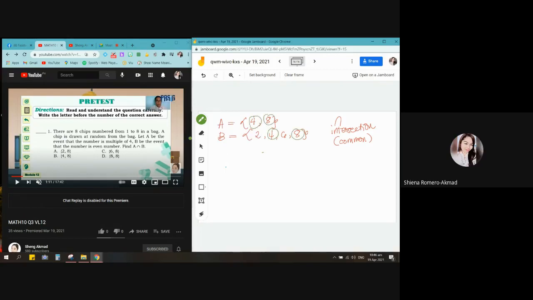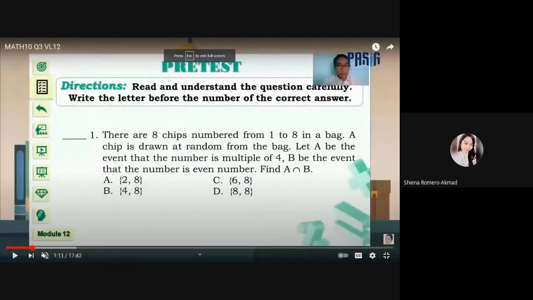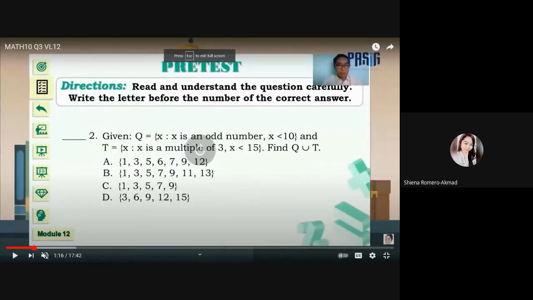So, yun yung mga common events. Now, you have to write it also. A intersection B is equal to yung elements na common sila, which is 4 at saka 8. So, our answer here is letter B. Okay, so letter B yung answer natin dyan.